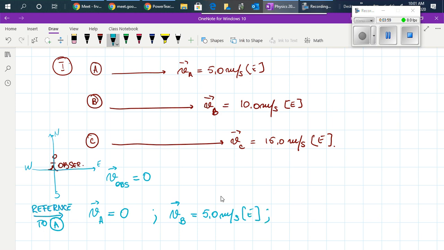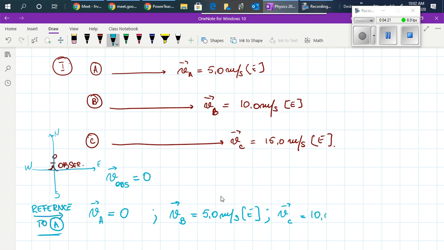And then what is the velocity of object C in reference to object A, meaning what object A sees that the velocity of object C is?